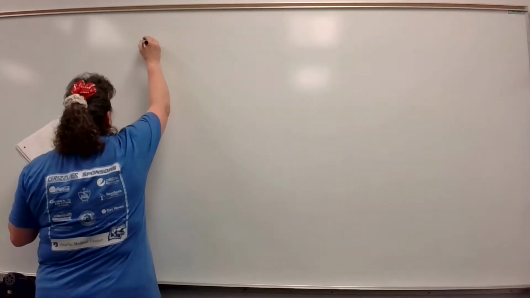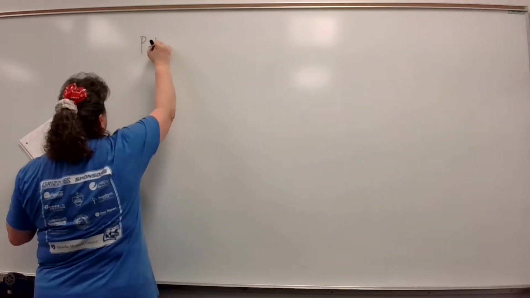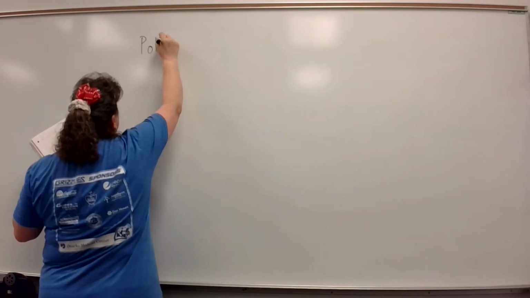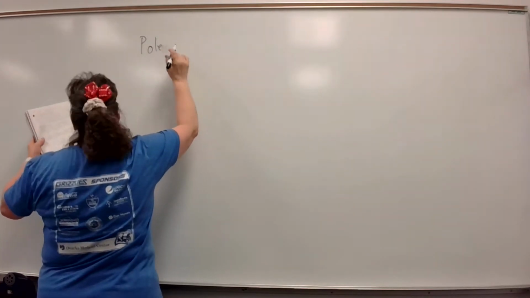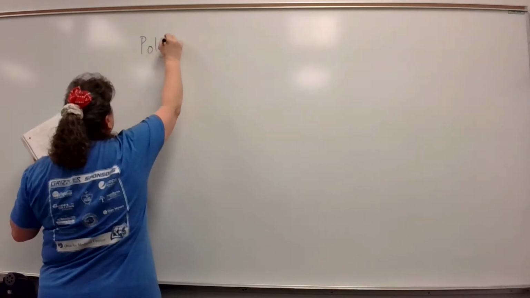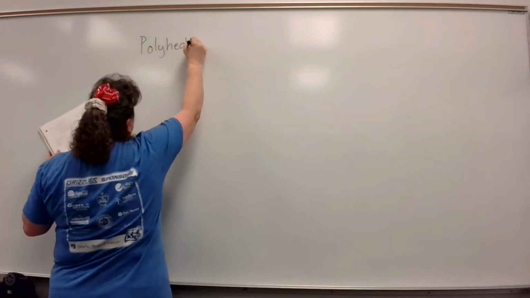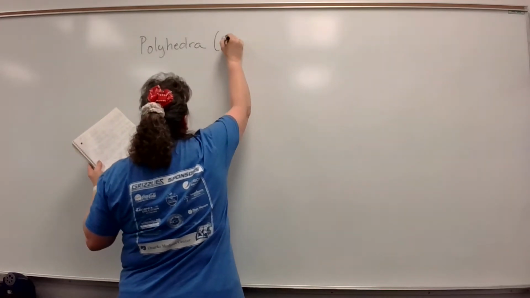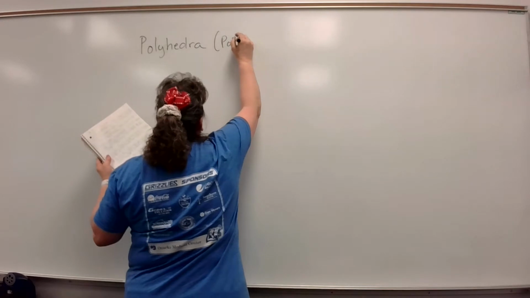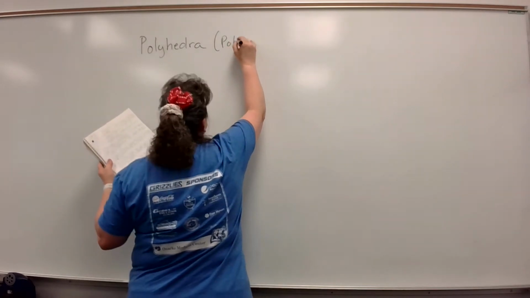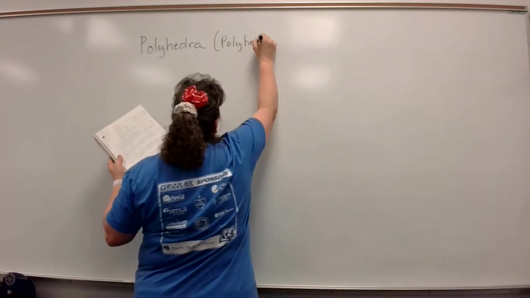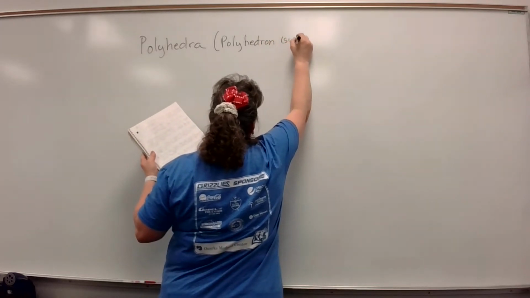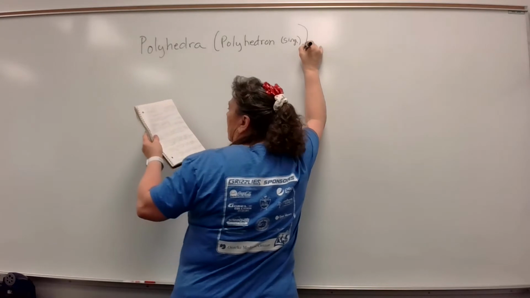Your general term for these is polyhedra, all except for the circular ones. Your circular shapes are not polyhedra because they're not planes. Polyhedra is the plural; polyhedron is the singular. Okay, what are they?